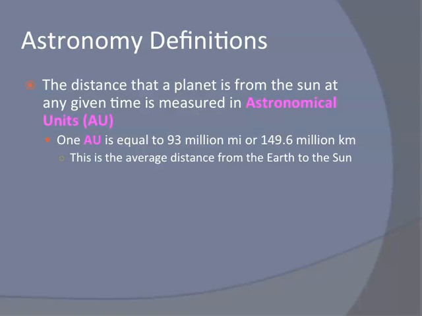This is the average distance from the Earth to the sun. So yes, we make everything around us, even though everything is revolving around the sun in our solar system, but the average distance from the Earth to the sun is 1 astronomical unit.